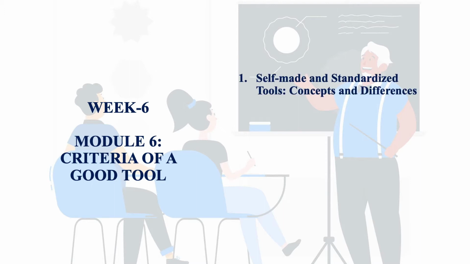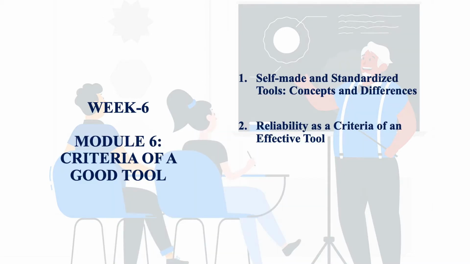First is self-made and standardized tools, its concept and differences, which we have already discussed, and the second video lesson is reliability as a criteria of an effective tool. In our last lesson we discussed the concept of reliability and different methods and techniques that you are supposed to use for determining reliability of a test. And in this lesson we will discuss validity as a criteria of an effective tool.